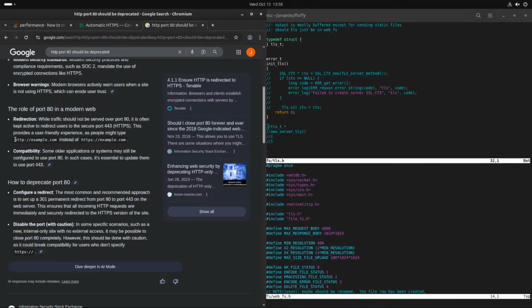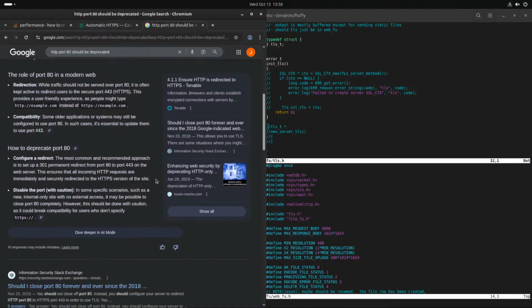Nobody types HTTP, really. Might have links though. But if you're putting up a new site, you will never have had those links. Or any reasonable site.